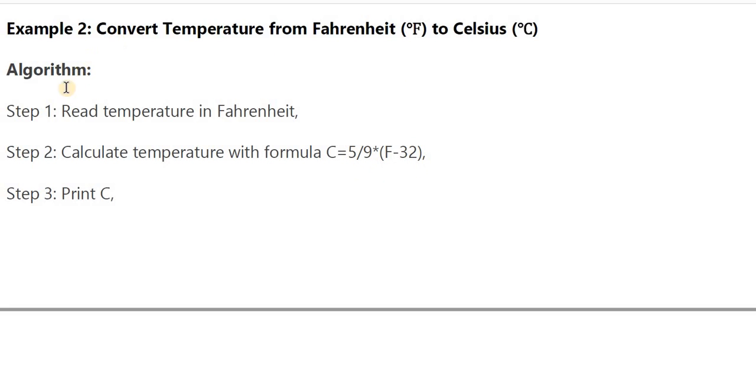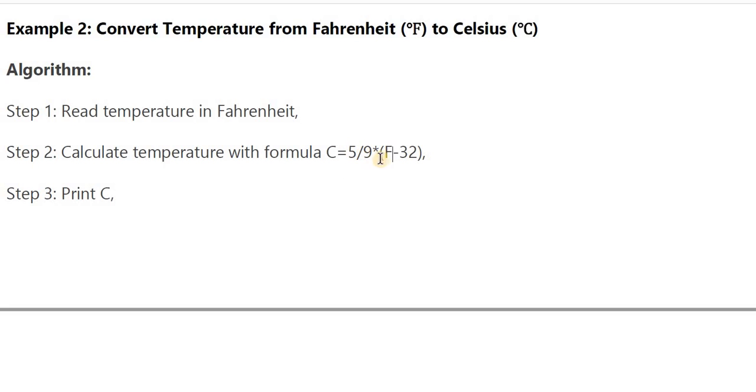So the algorithm is: first step is read the temperature in Fahrenheit. You have to input the temperature in Fahrenheit. After that, what do you have to do? You have to calculate the temperature with this formula.